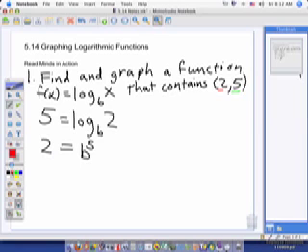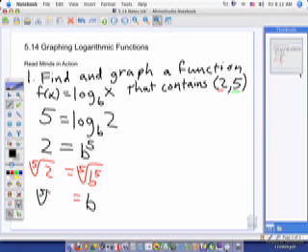So let's take the 5th root of both sides. So the 5th root of b to the 5th is just b. And the 5th root of 2, it's not going to come out to be a whole number, so let's leave it as the 5th root of 2.